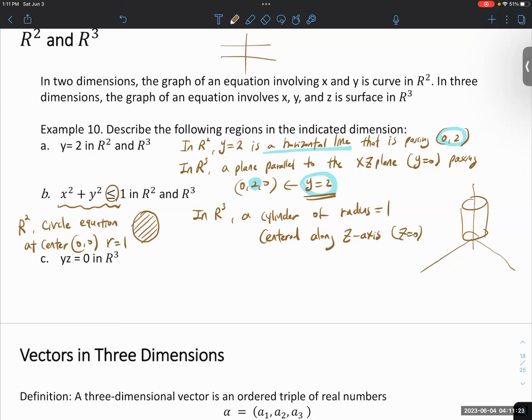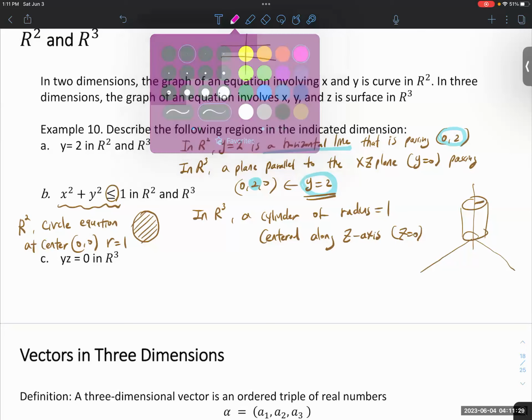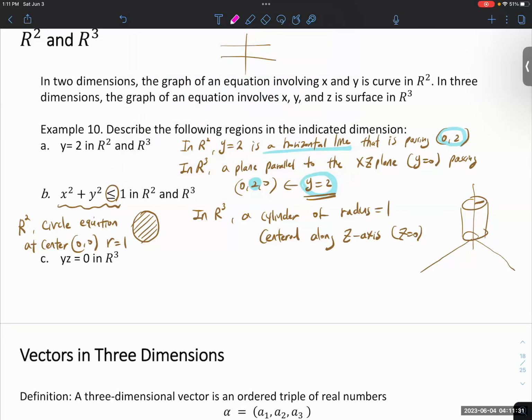So this is what x squared plus y squared, radius is 1. So if you don't have the other variable, that's where you're locating the shape. So this is z, this is x and y. Okay, so the center is going to be at the z-axis, and the radius is 1. It's going to be the cylinder shape if you describe that equation.